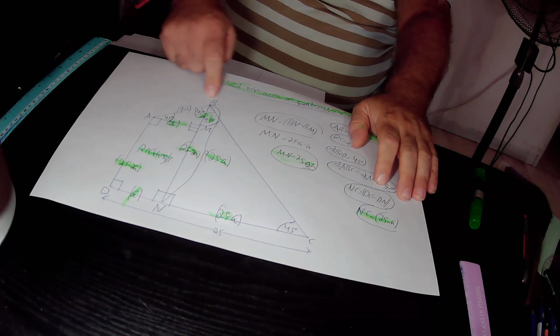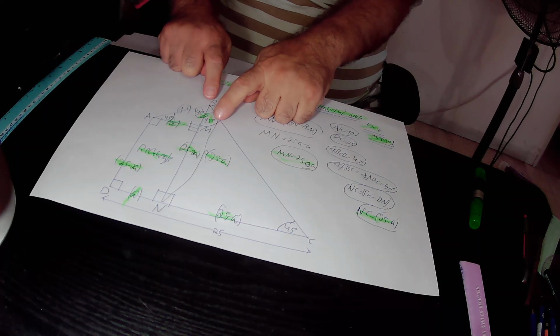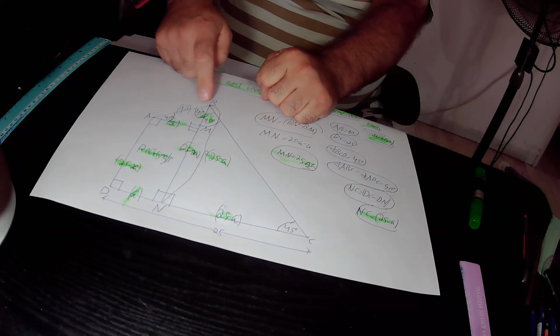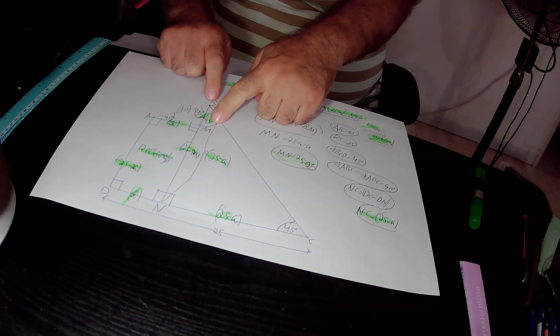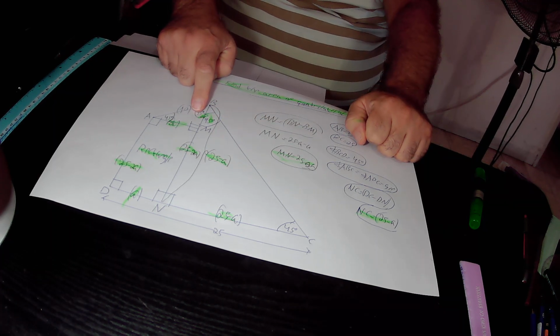This is the right angle ABC. The big angle ABC, that is 90 degrees, minus this angle, that is 45 degrees, equals this missing angle ABM. Therefore, angle ABM equals 90 degrees minus 45 degrees, that is 45 degrees.